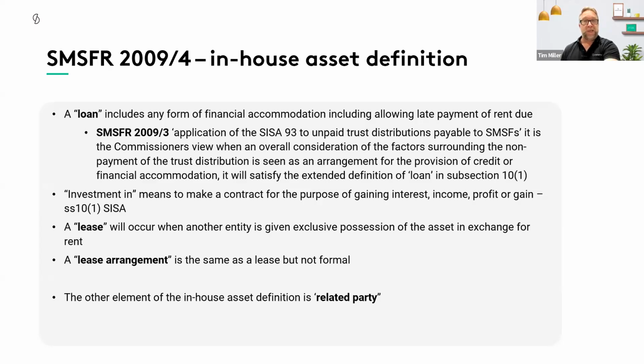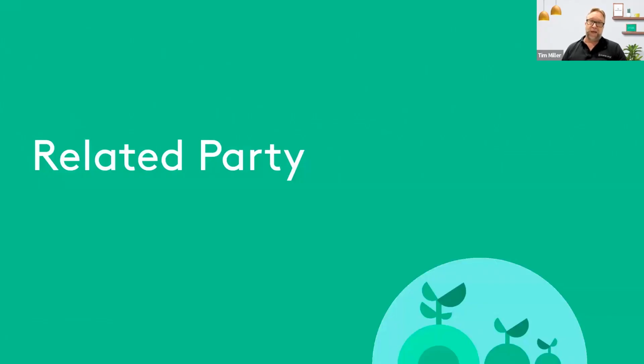So a key to a lot of this comes down to this definition of what is a related party. Now, for many of you who have been along this journey with me presenting for a long period of time, you know that I've got a fairly common set of slides here that deals with related parties, and I'm going to run through them again, and I'll probably touch on them again over the next couple of months as well, because it's a critical element that we need to understand from this whole related party investment piece: who we are actually dealing with.